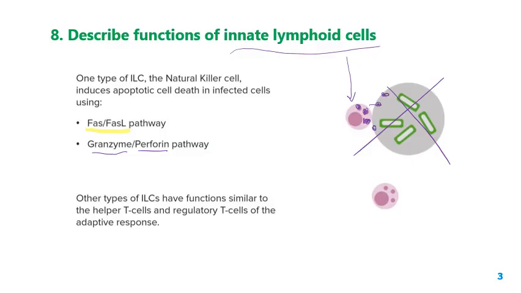If you punch holes there, parts of the cytoplasm of the cell are going to spill out, so the cell is going to die. So two ways of killing the cell. Either you tell the cell to commit suicide by apoptosis, that's your Fas and Fas ligand pathway, or you punch holes in the surface of the cell and allow the cell to die anyway.